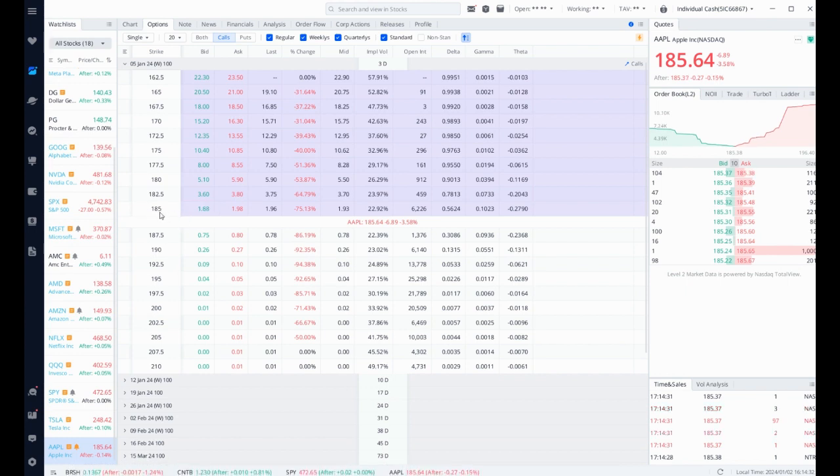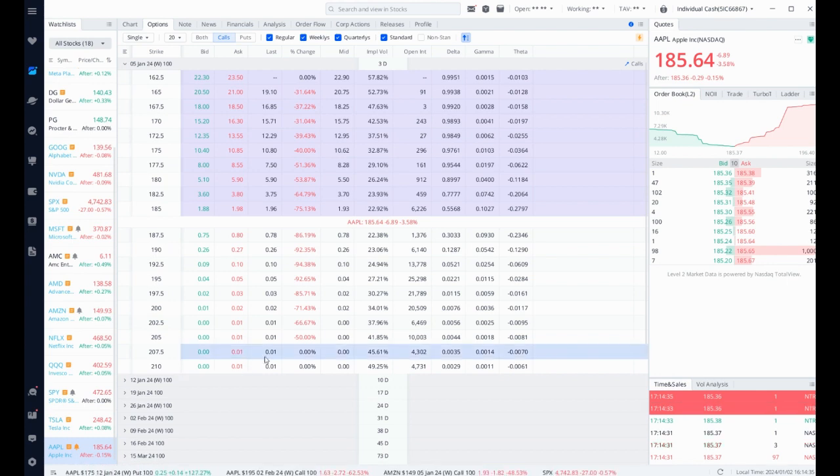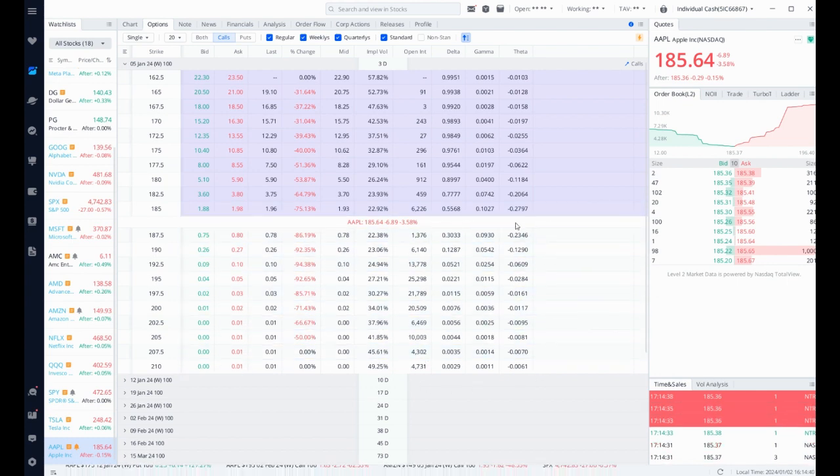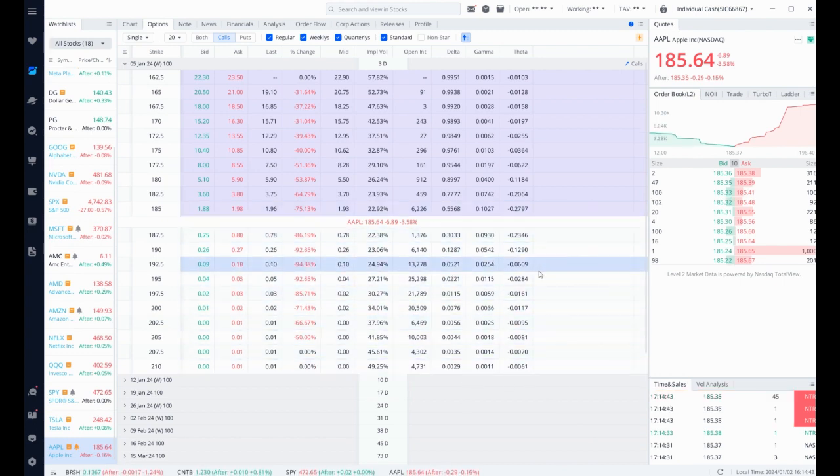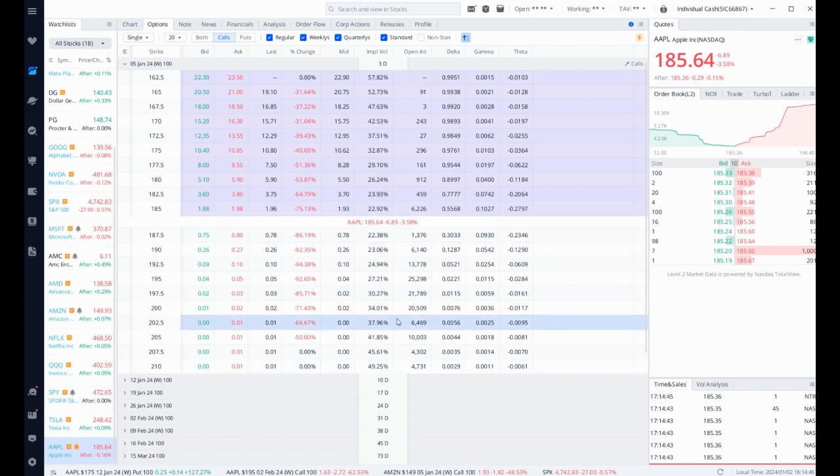Like I said, Apple closed at 185. The farther you go from 185, the cheaper that contract is, but the Greeks are different as well. So that's something you've got to learn how to balance. But the closer you are to the actual price, the more expensive it's going to be.